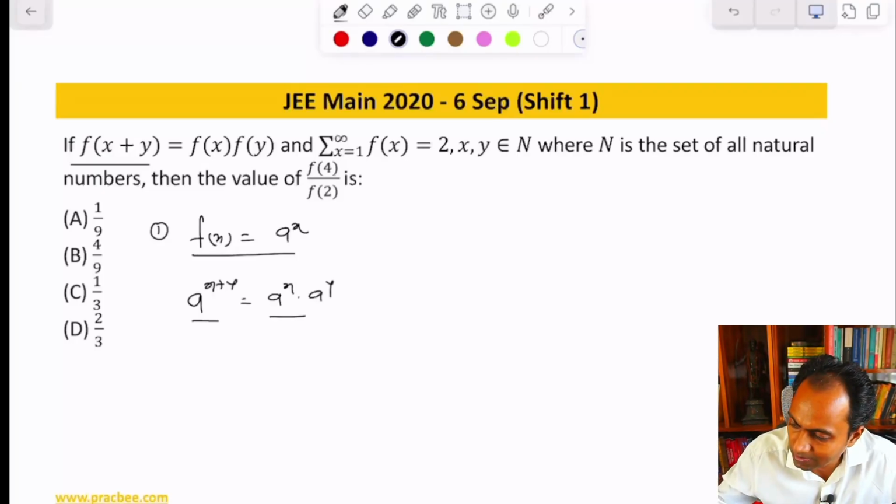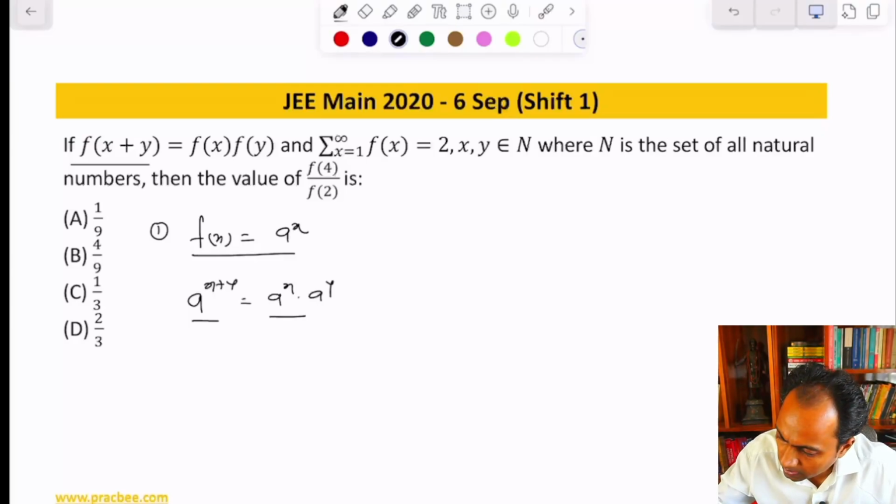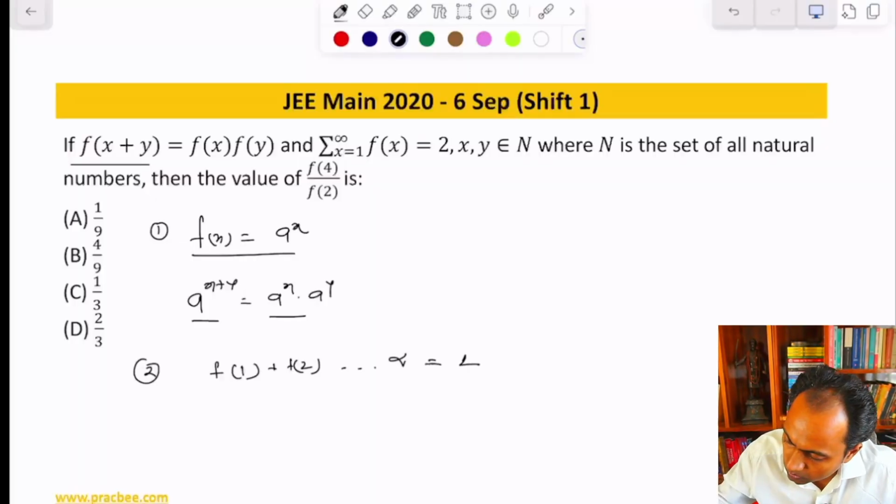Once you have done that, there might be something given in the question to give you the value of a. Like in this question, they are saying that in the second part, if I start adding, and if I start putting the value from 1, then 2, and if I go till infinity, the sum is equal to 2. If I put this value, this will become a, then a square till infinity is equal to 2.